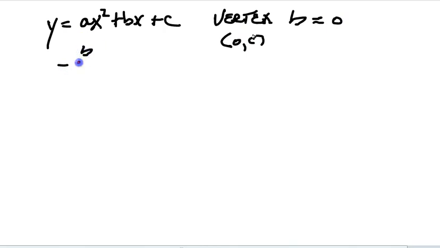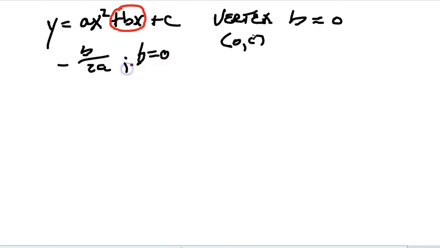Negative b over 2a. If there is no b, really what we have going on here, if there is no middle term of the equation, I should just say, if this is missing, think of it as missing because b was equal to 0.